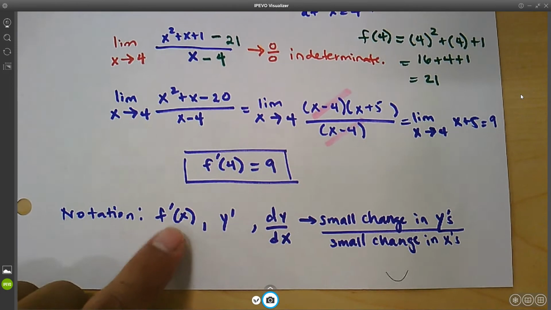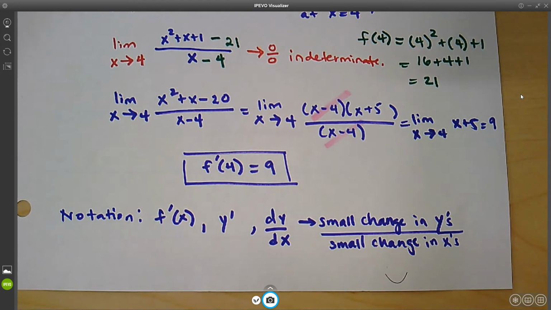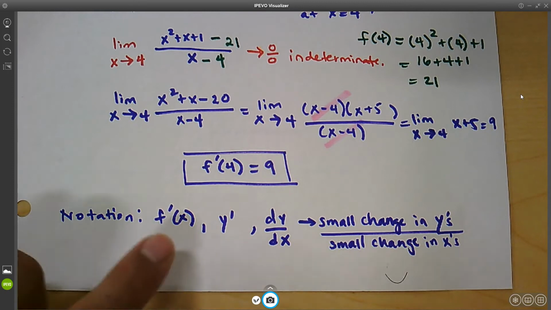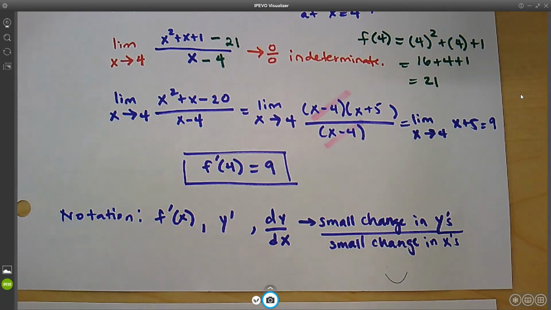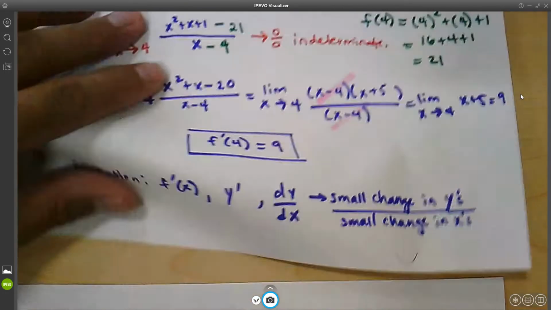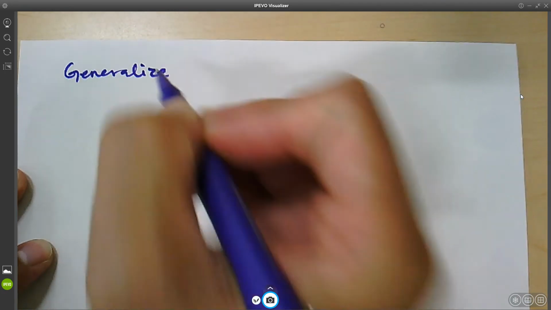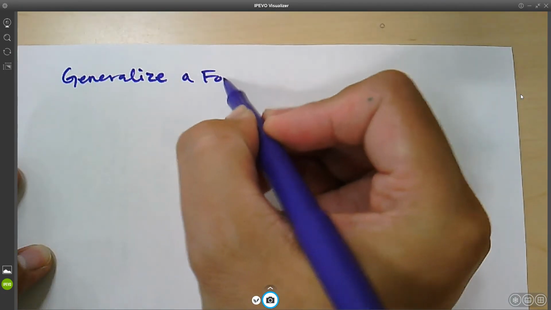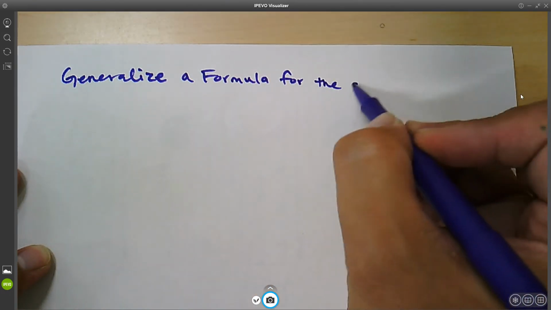So we need an f prime of x, not an f prime of 4 or f prime of 3. Not at one particular instant, but at all instants, f prime of x. So we're going to develop a formula for it. Starting over, we'll draw a picture to generalize a formula for the derivative.